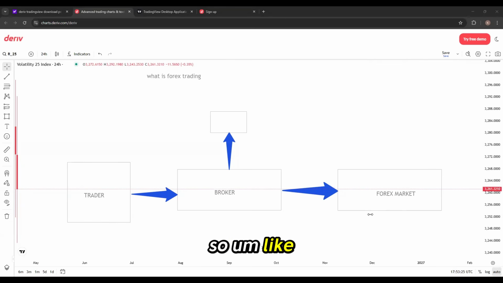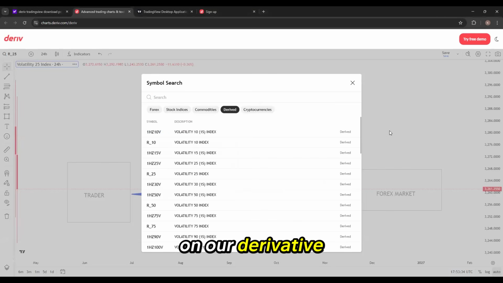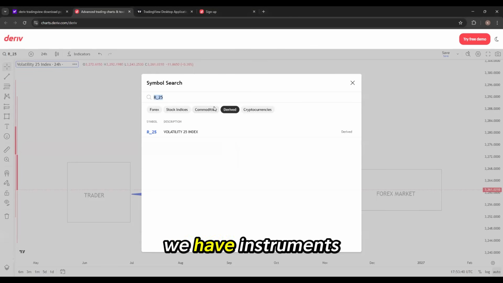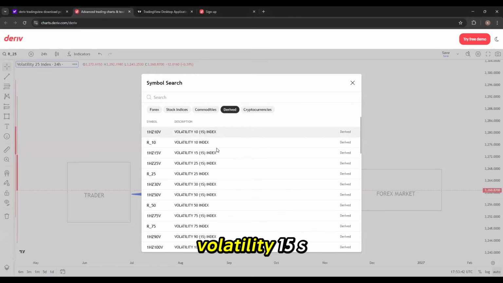So, like I said, with instruments, if we come here and we want to check on our derivative instruments like volatility 10, let me show you in this way. With instruments like volatility 10, volatility 15S, volatility 25S. Now, the difference between these pairs is how volatile they are.